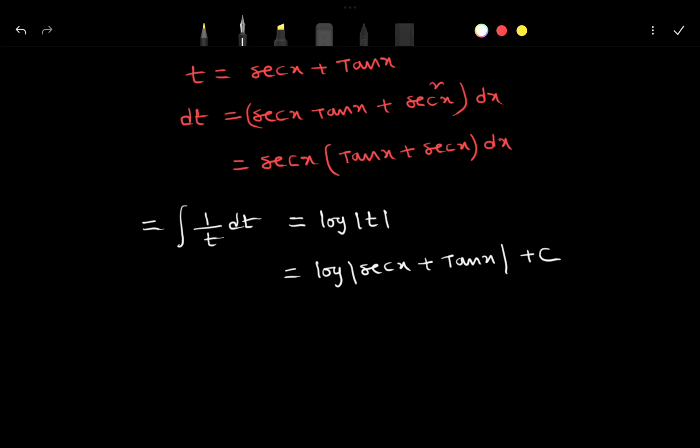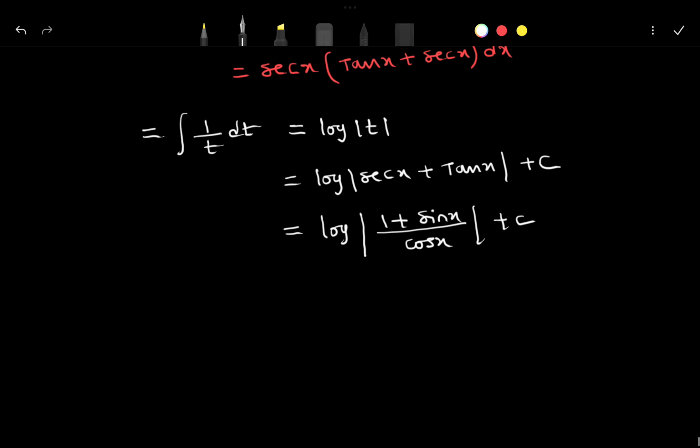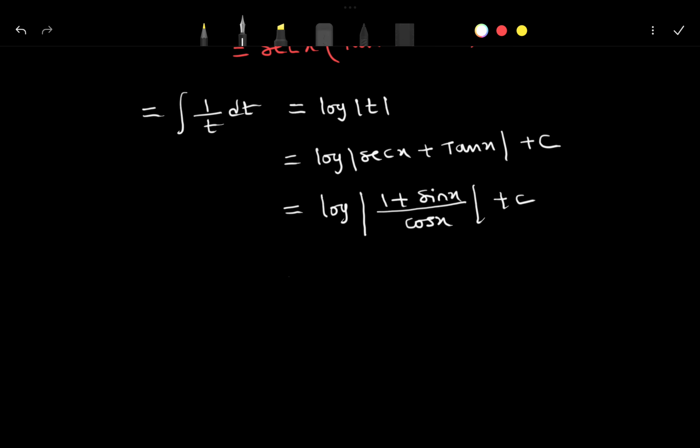Now, by using trigonometric concepts, you can write another expression. It will be log of, secant x is 1 by cos x, and tan x is sin x by cos x. So you can write 1 plus sin x, whole divided by cos x. Now, according to the fundamentals of trigonometry, sin x can be written as cos of 90 minus x.